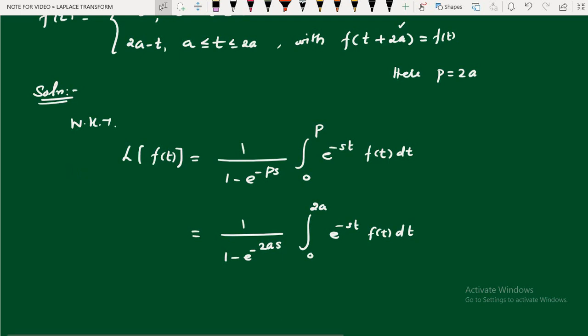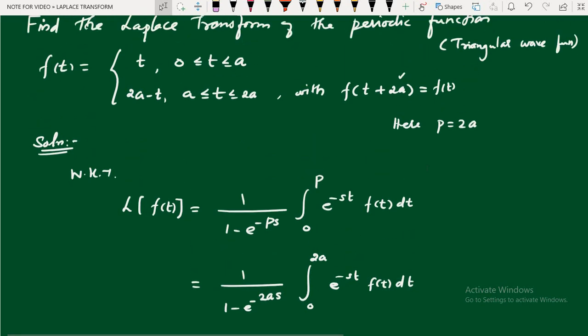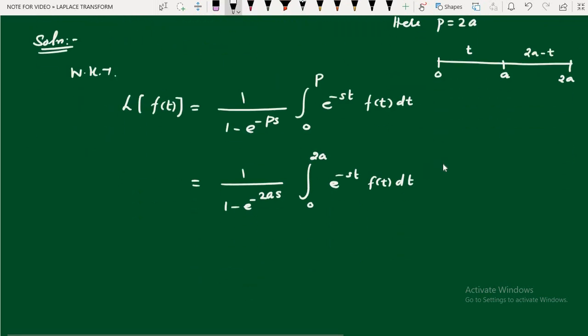Now see, the given function is a piecewise function that has two parts. One part is from 0 to a, where the function value is t, and another part is a to 2a, where the function value is 2a minus t. So just substitute these values here.